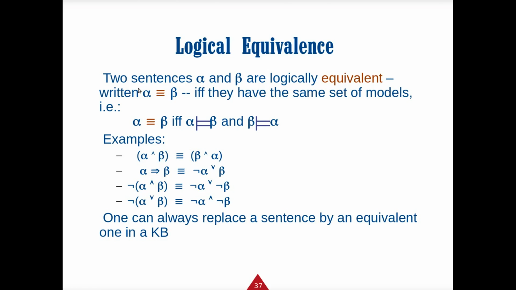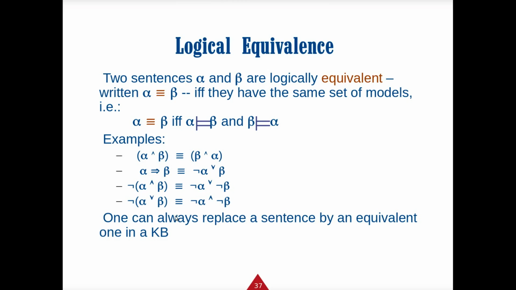And then logical equivalence: two sentences alpha and beta are logically equivalent, written as alpha with three lines beta, if and only if they have the same set of models. So alpha is equivalent to beta if and only if alpha entails beta and beta entails alpha. So for example, all your models have the same sentences.